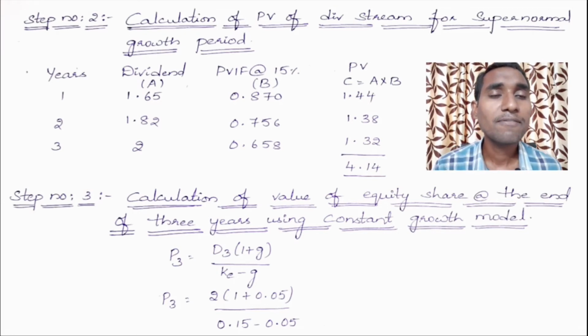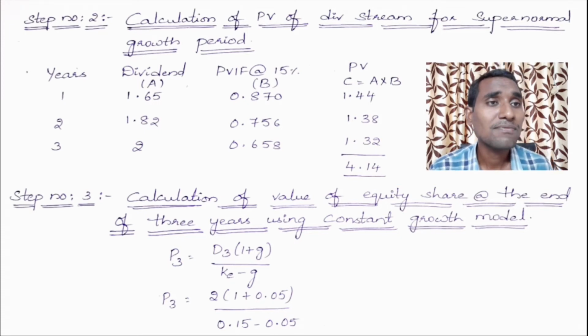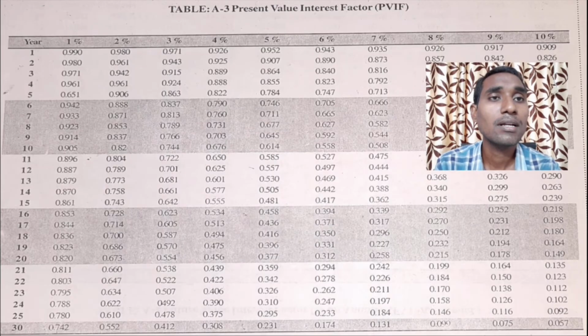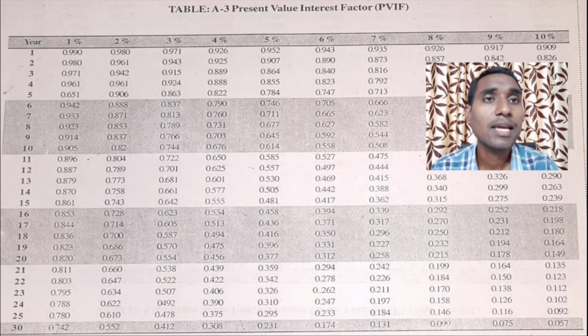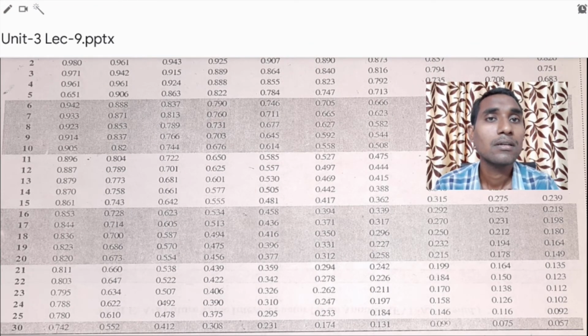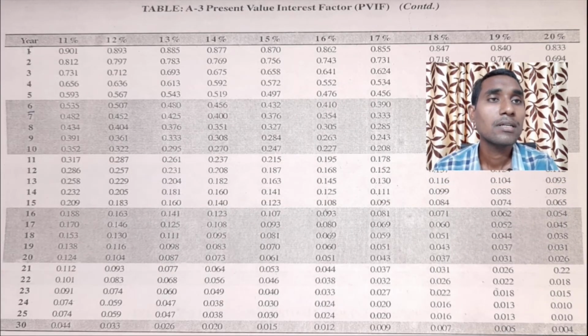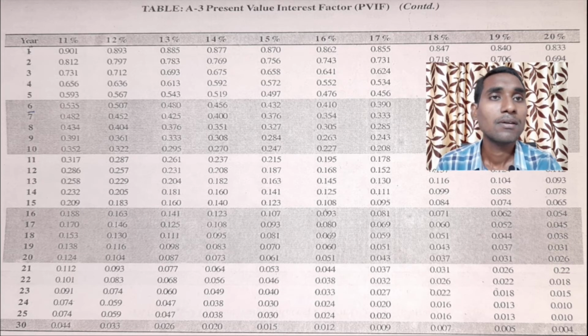PVIF at 15% means you need to go to the present value interest factor table, that is the A3 table, and look into the 15% column. This is 15%. You can see 0.870, 0.756, 0.658.